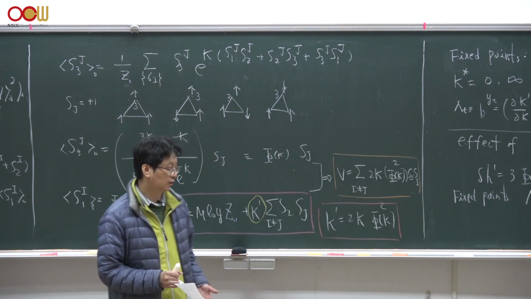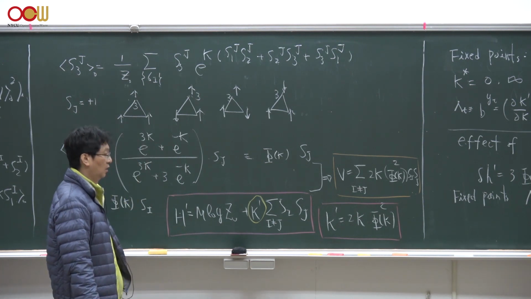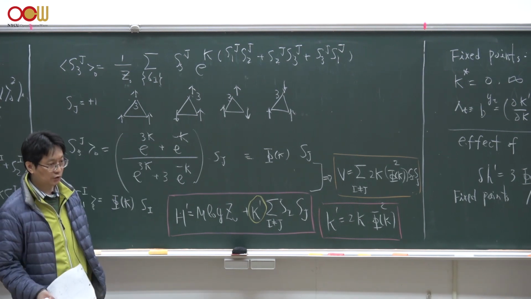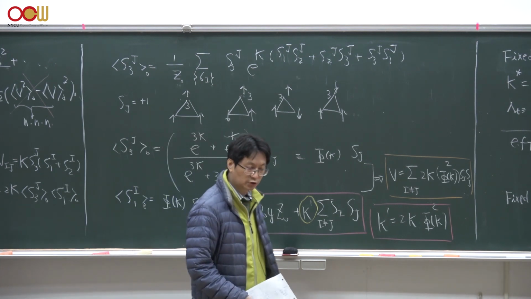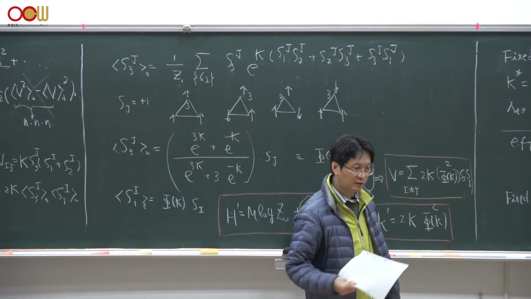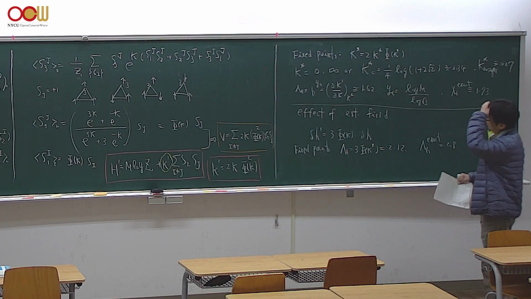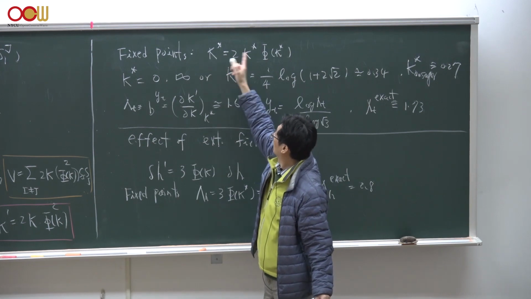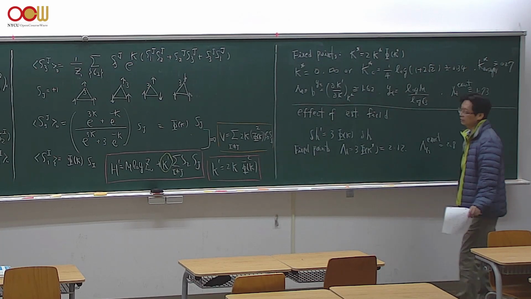So now we get a recursive relation between k prime and k, performing the partial trace over the block and assuming that the interactions of the system remain the same after summing over each individual block, and the block-block interaction is still nearest neighbor type. So now we could just analyze the fixed points, using the fixed point value on both sides of the recursive relation, and there are 3 fixed points.